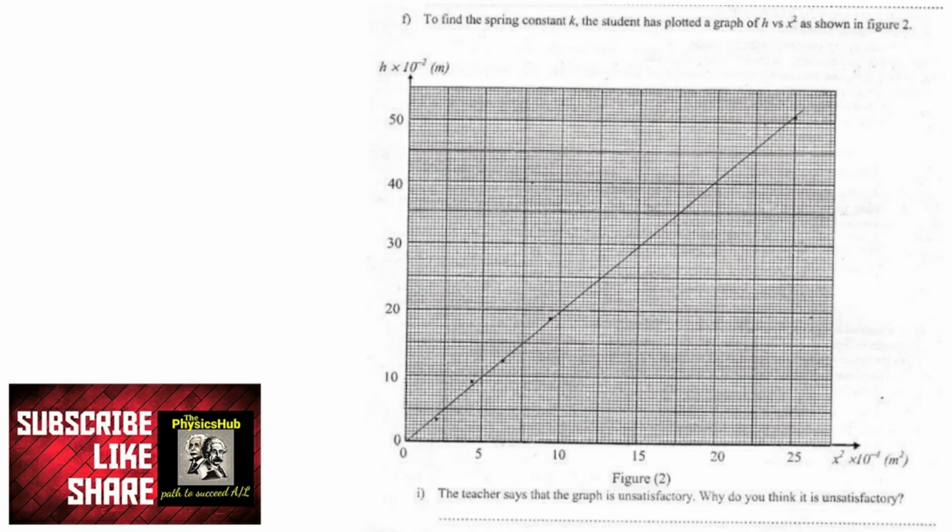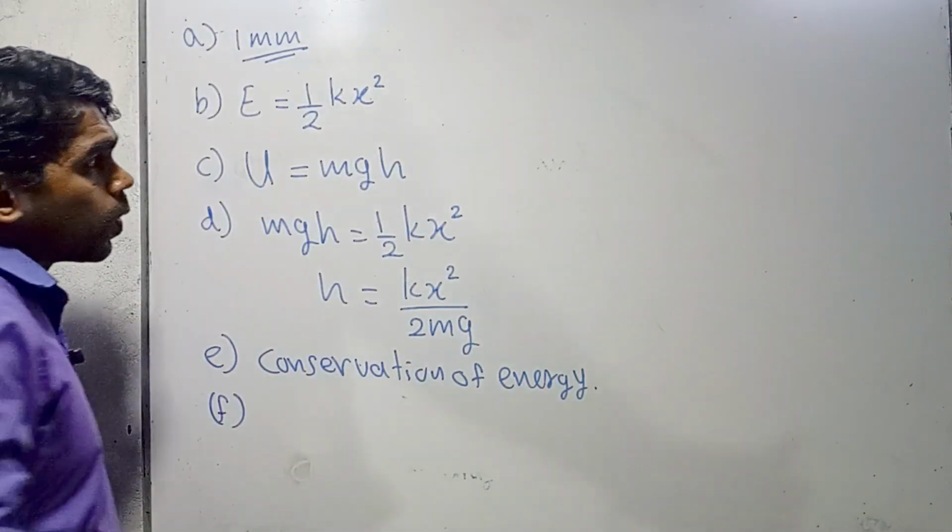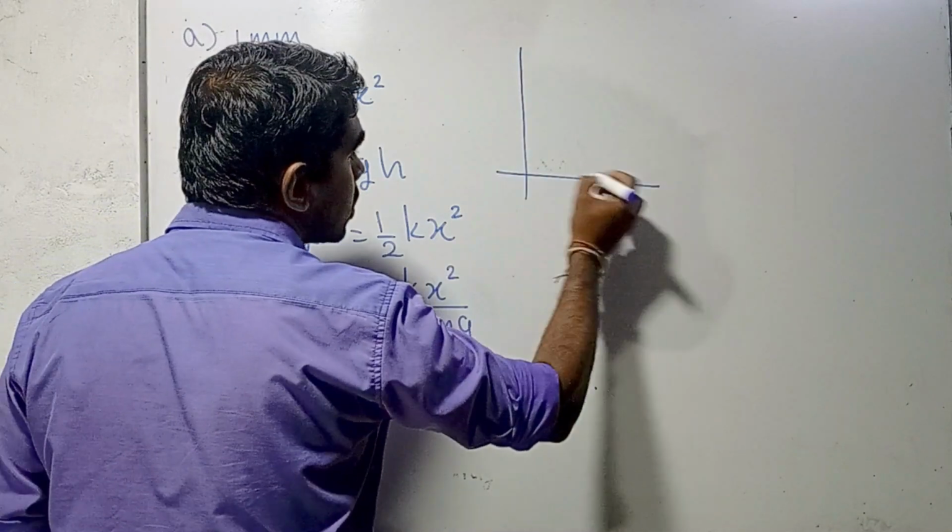Then part F, to find the spring constant K, the student has plotted the graph h versus x squared as shown in the figure. Part 1, the teacher says that the graph is unsatisfactory. What do you think makes it unsatisfactory? They have given corresponding plotted points in the graph.